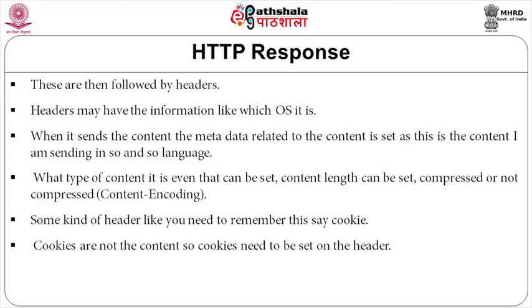When it is sending content, there is metadata related to the content: which language the content is in, whether English, Gujarati, Hindi, or German, and what kind of content it is.